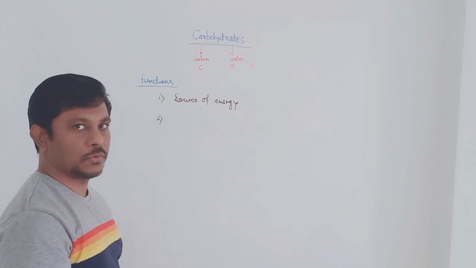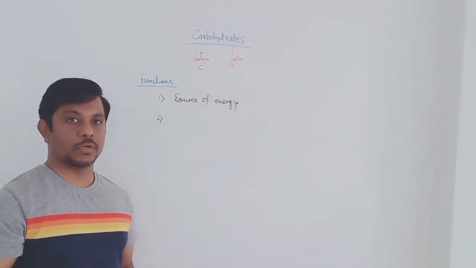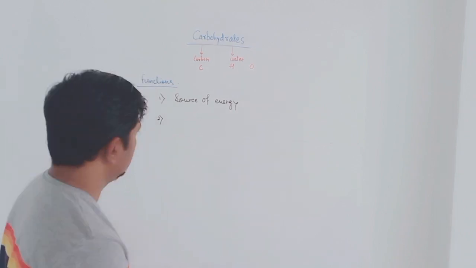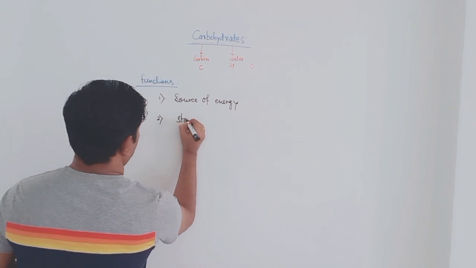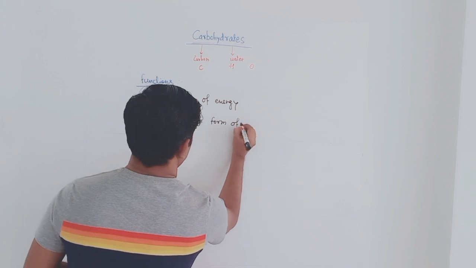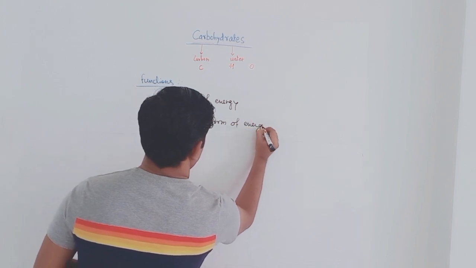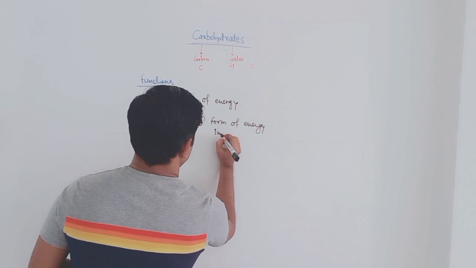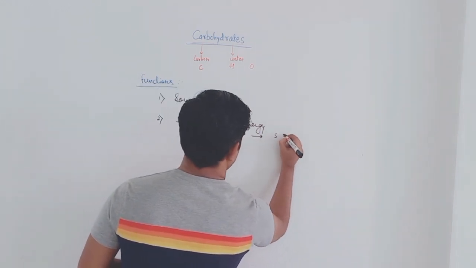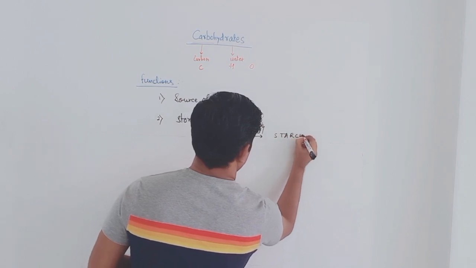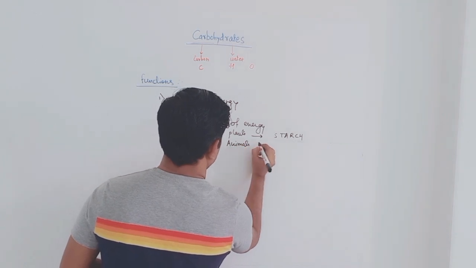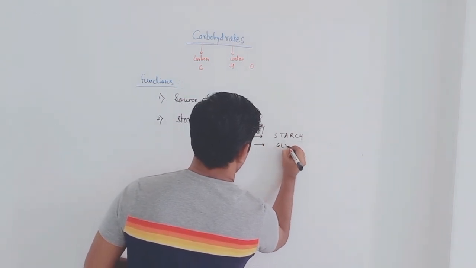Second, it is also a storage form of energy in plants and animals. In plants, the storage form of energy is in the form of starch, and in animals like humans in the form of glycogen.